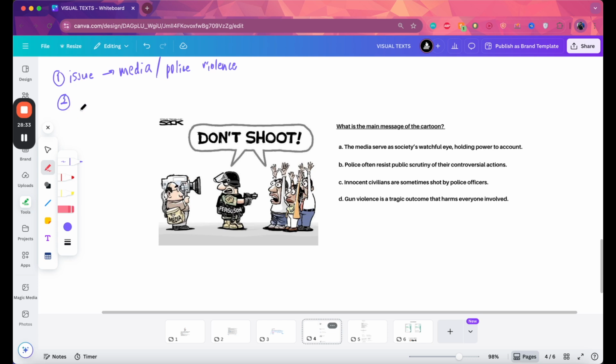And the humor is that both are saying "Don't shoot." So both the soldier, or the police officer, and the people here.